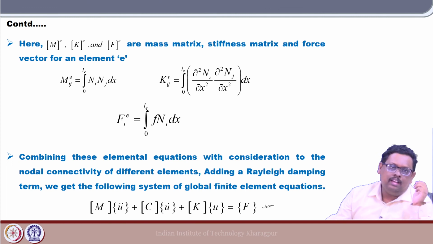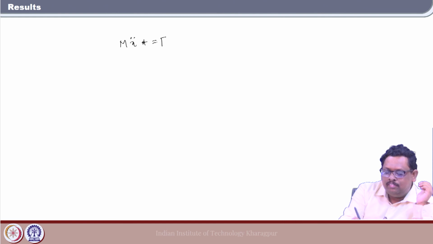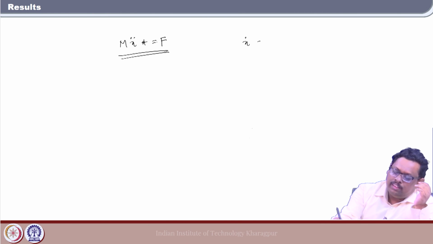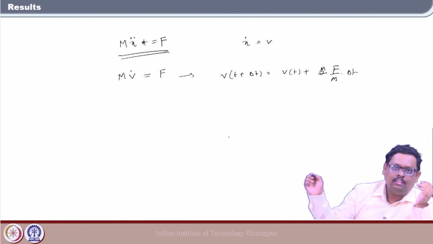If you remember, we have m x double dot equal to f, and we solved it quite often. It is an equation of degree 2, so you have to convert it to degree 1. So we take x dot equal to v. Then we can convert it into v dot equal to f by m, and using the Euler scheme we get v at t plus delta t equal to v at t plus f by m into delta t, and so on.